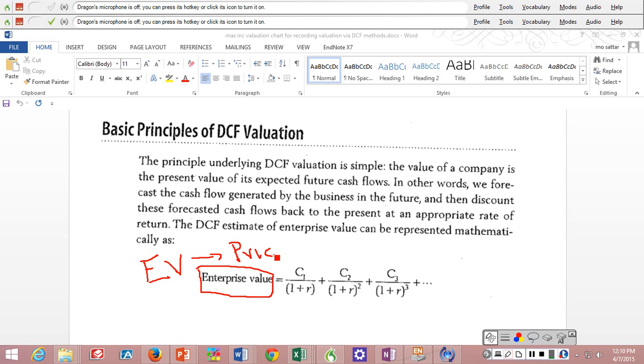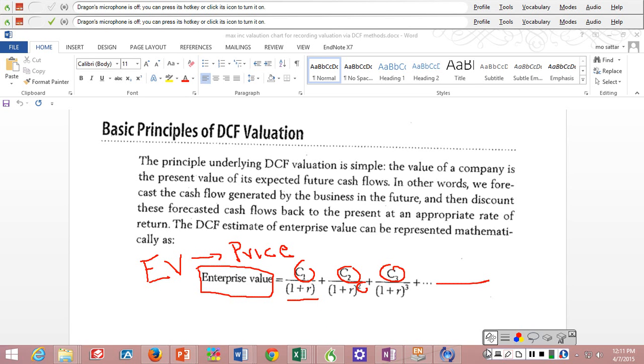Enterprise value and the price of the business are one and the same thing. The page talks about taking the cash flows of the periods, cash flow 1, cash flow 2, and so on, and dividing by 1 plus the discount rate R, raised to the N.